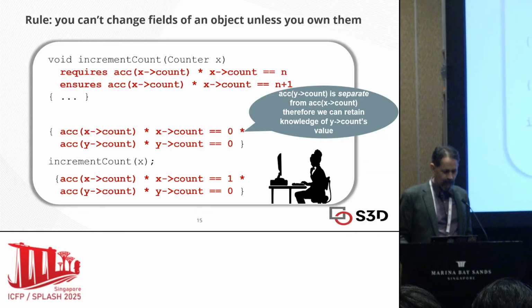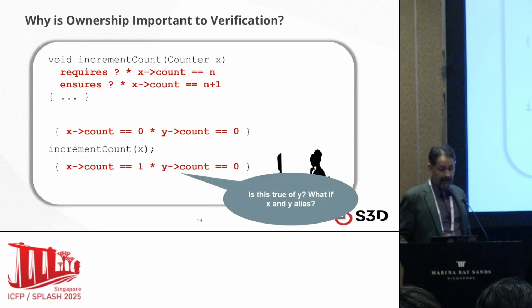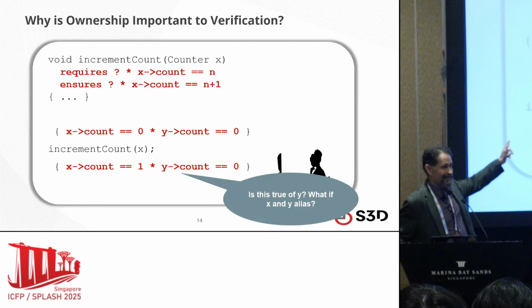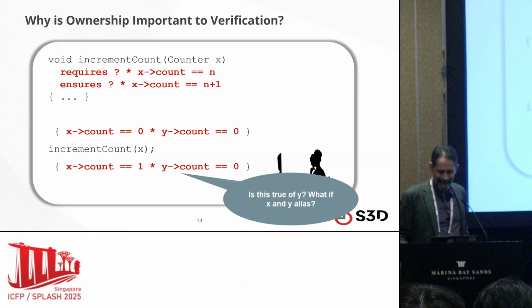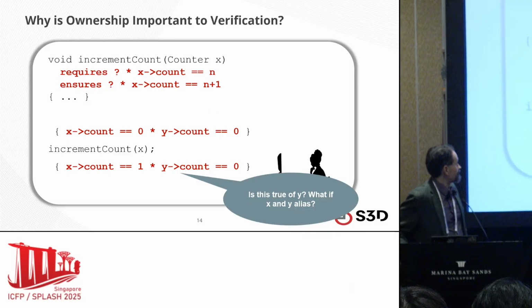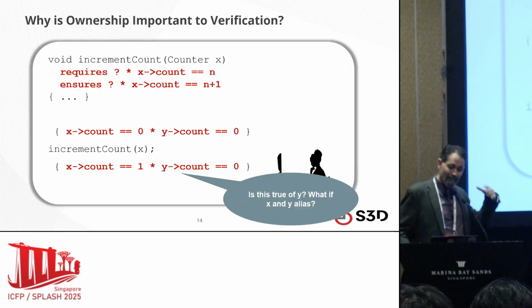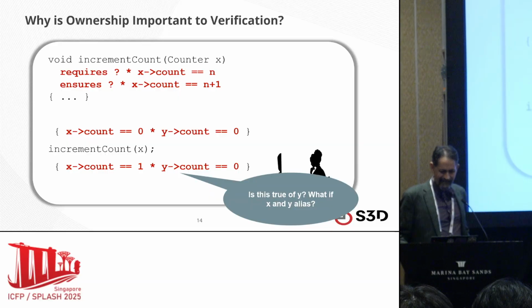Okay? And if you're wondering, this spec is actually okay because question mark can include access to x arrow count, right? It's incomplete, and the complete version includes access of x dot count.